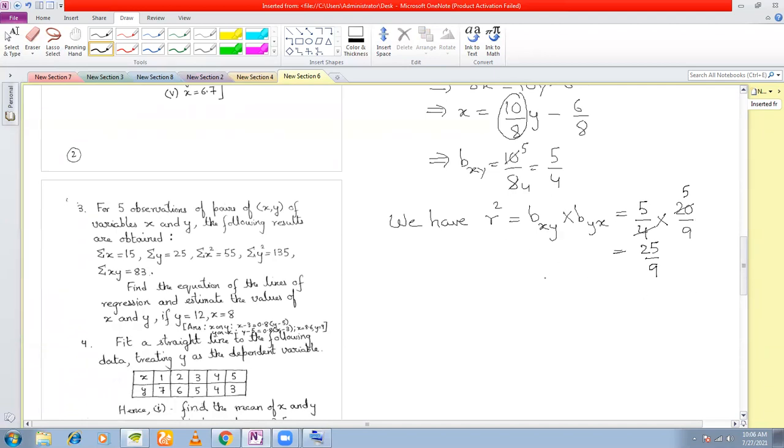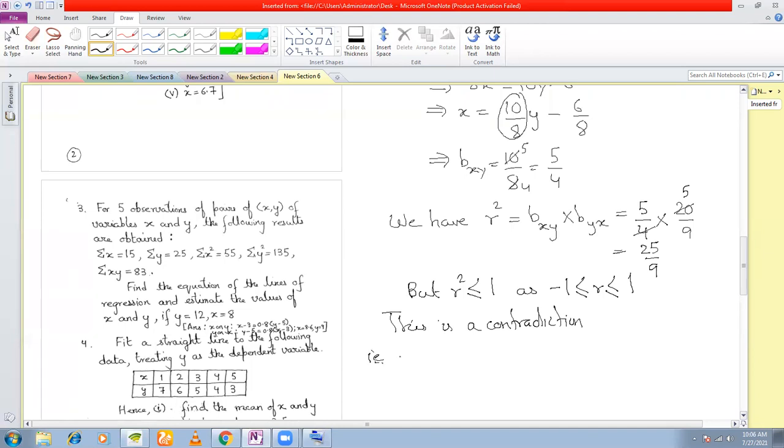But can r square be equal to 25 by 9? But r square is always less than or equal to 1, isn't it? Correlation coefficient always lies between minus 1 and plus 1, isn't it? So this is a contradiction, isn't it? What does this mean?